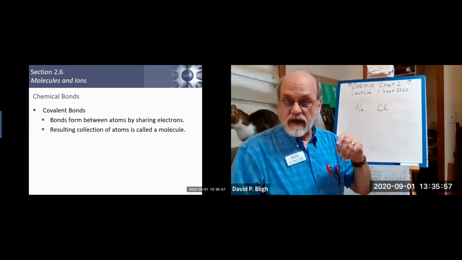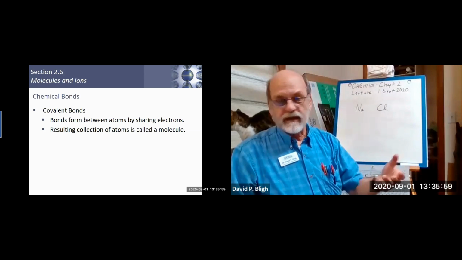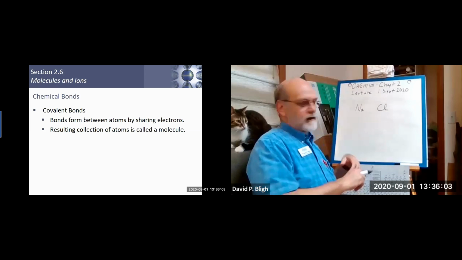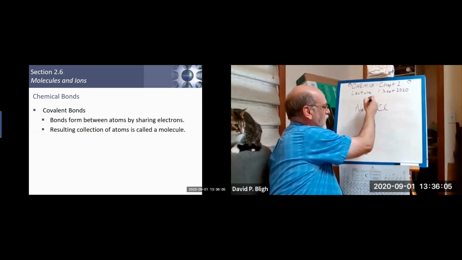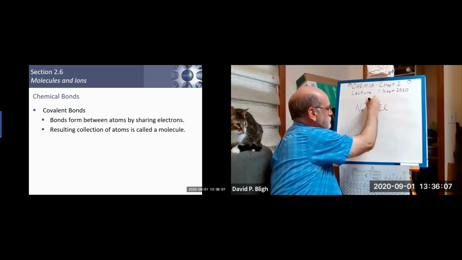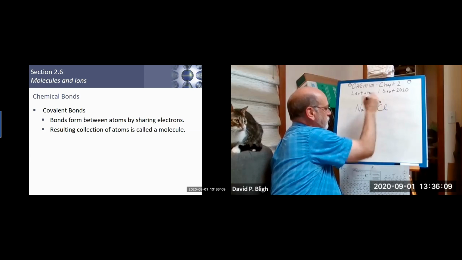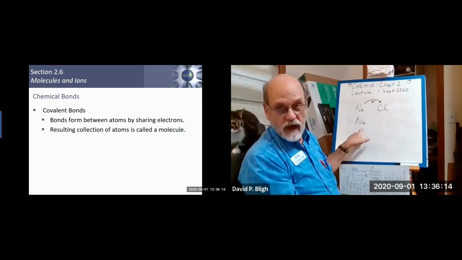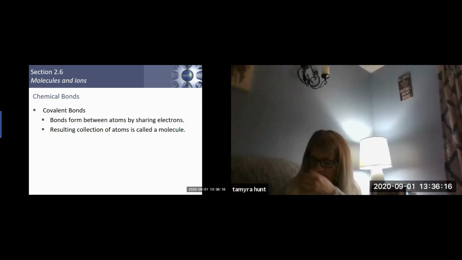We'll find out that metals like to give up electrons and non-metals like to accept electrons. So what happens is one electron goes from here to there. Now you have a shortage.